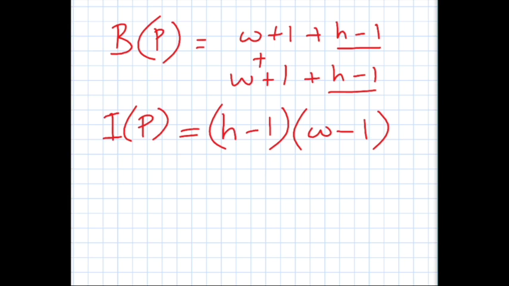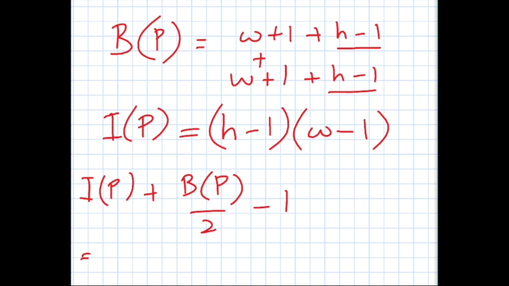Now let's see, what is I of P plus B of P over 2 minus 1? I of P is HW minus W minus H plus 1, plus B of P over 2.